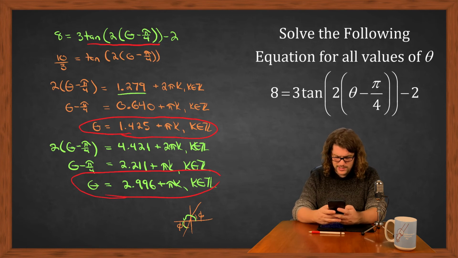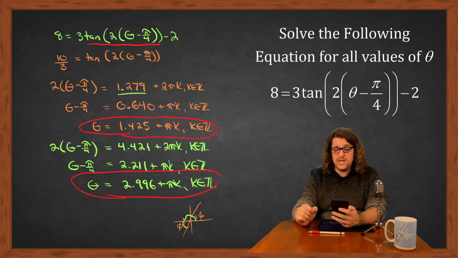So 2.996 plus pi, and I'm going to use random value. Oh, there's my button. I'll use the full thing. So pi times negative 14. So we'll go and get negative 40.986 radians.